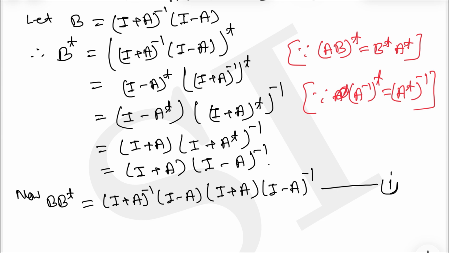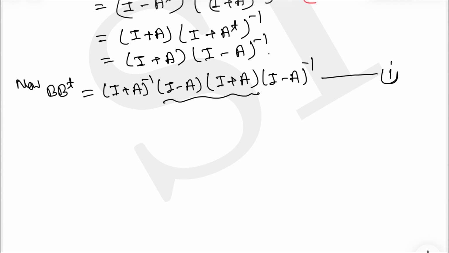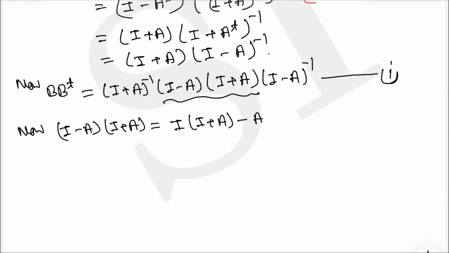So we just check this product, (I minus A) into (I plus A). Actually we show that I minus A and I plus A commute with each other. That means (I minus A) into (I plus A) is equal to (I plus A) into (I minus A). We have to show that first. So now (I minus A) into (I plus A) is equal to, applying the distributive law, I into (I plus A) minus A into (I plus A).